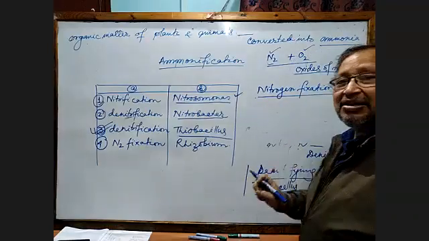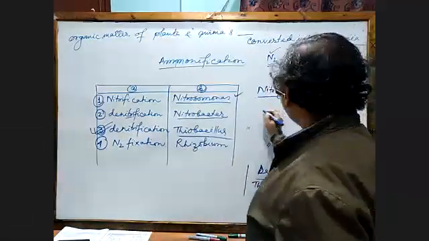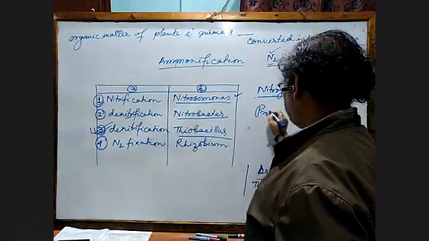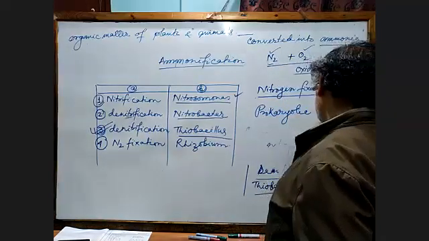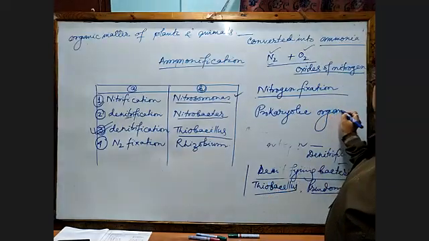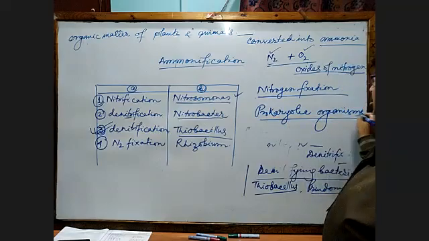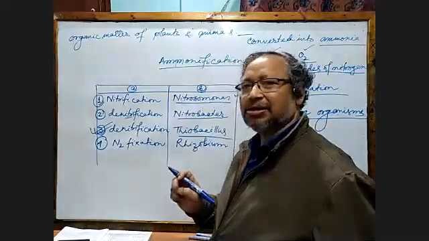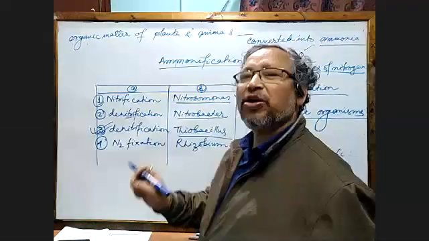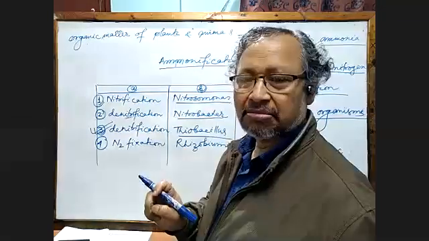Nitrogen fixation is a process that is carried out solely by prokaryotic organisms. It is only carried out by certain prokaryotic organisms. No eukaryotic organism can fix nitrogen. Okay?